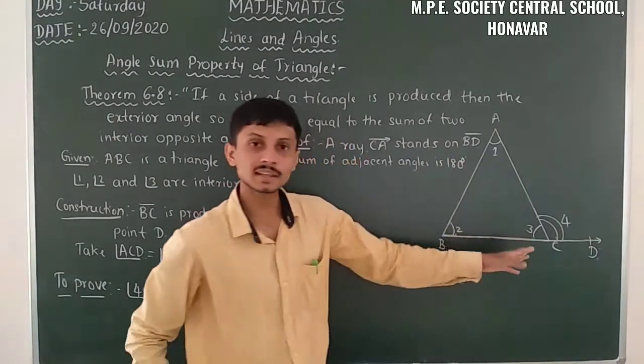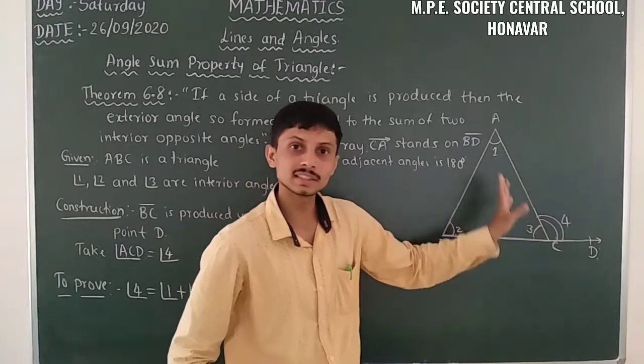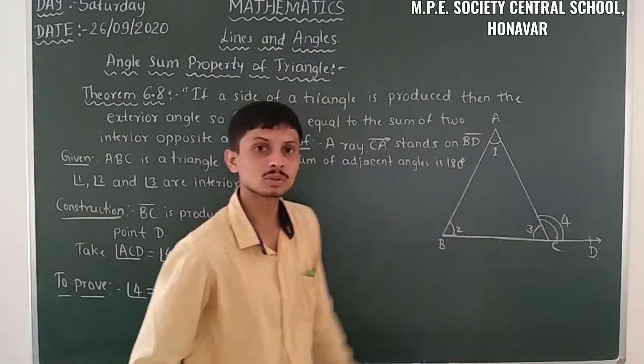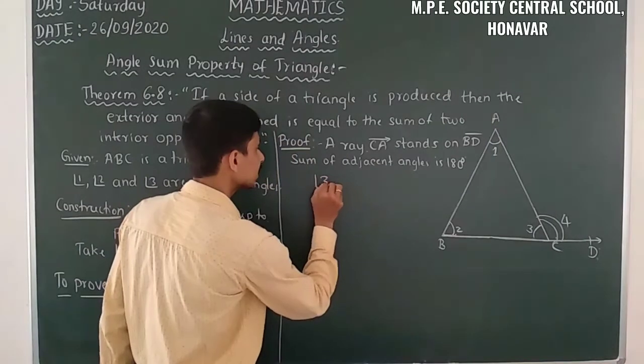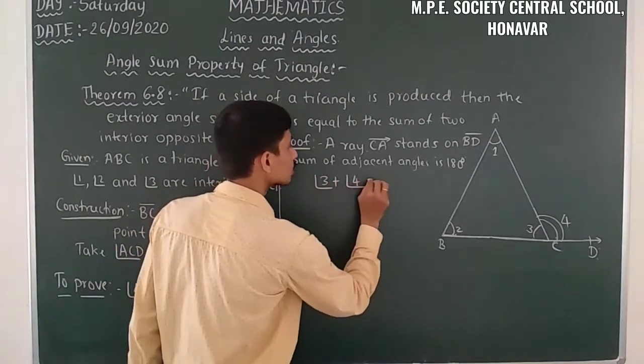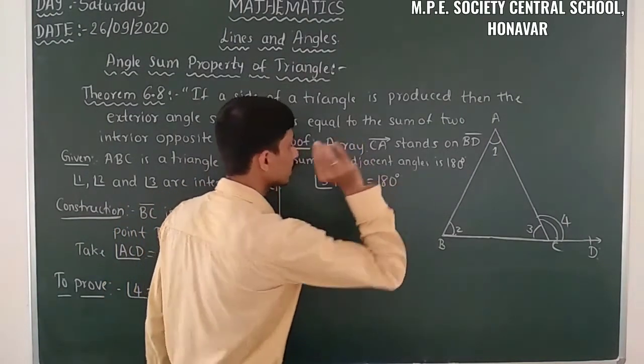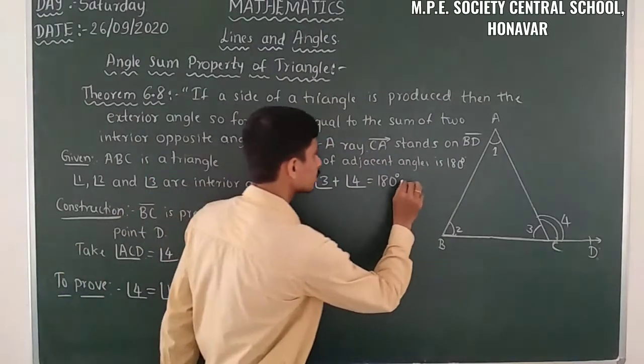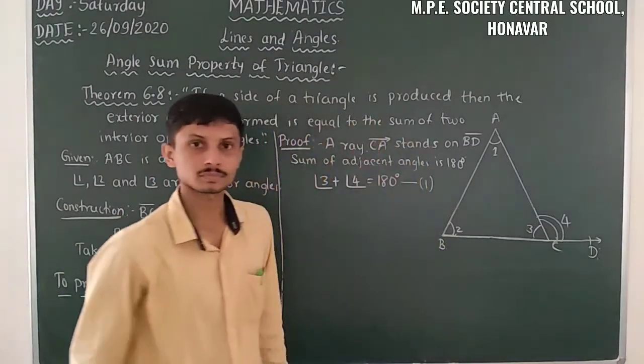What are the adjacent angles here? 3 and 4 are the adjacent angles. So 3 plus 4 is equal to 180 degrees, that is, angle 3 plus angle 4 is equal to 180 degrees. I will take this as equation number 1.